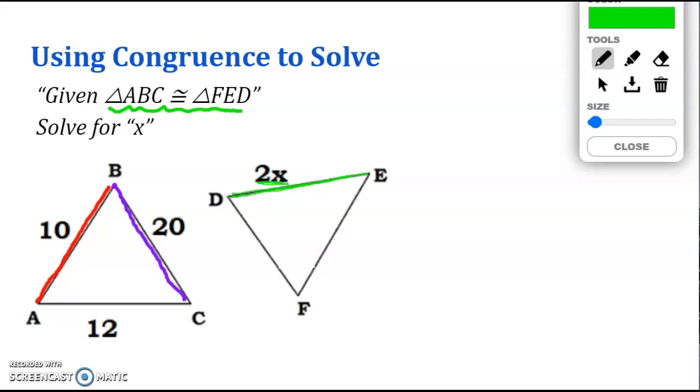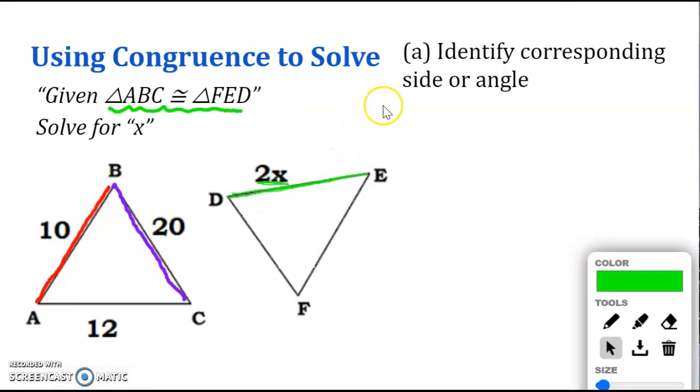So we are told that the triangles are congruent. The first thing we're going to do to solve for x, which means find the value of variable x that makes the situation true, is identify the corresponding side or angle. What does side DE correspond to in the left triangle?